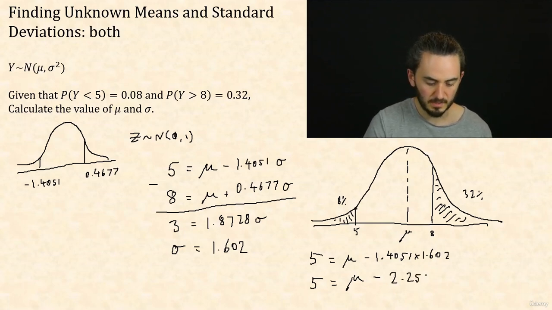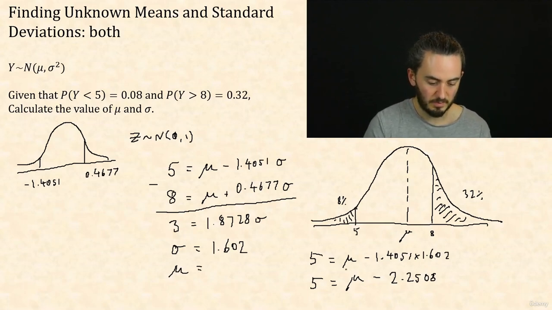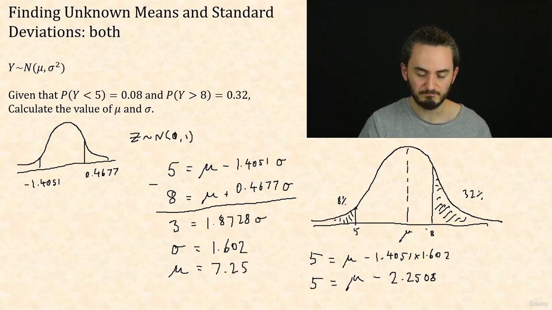By the way, I'm keeping the fully accurate answer on my calculator and just using the answer button. It's a good strategy to not lose accuracy marks. Add that to both sides, and we get mu of 7.25. Were we expecting something like that? Sure we were, because we knew from our reasonably good drawing that mu was somewhere between 5 and 8.